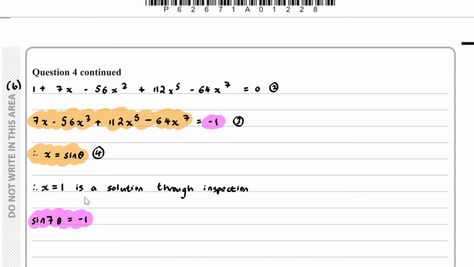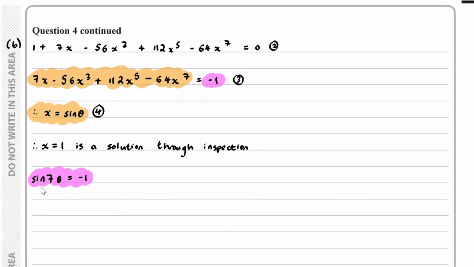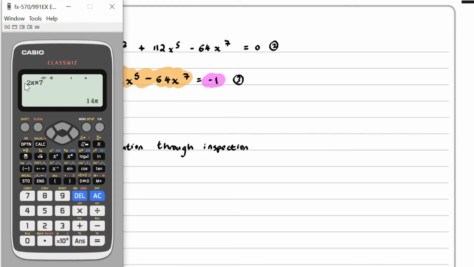Now, to find the values of 7 theta, we can sketch the graph from 0 to 14 pi. The reason for that is, typically, we sketch the graph of sine from 0 to 2 pi, but because here we've got a 7 theta, 2 pi times 7 is 14 pi.